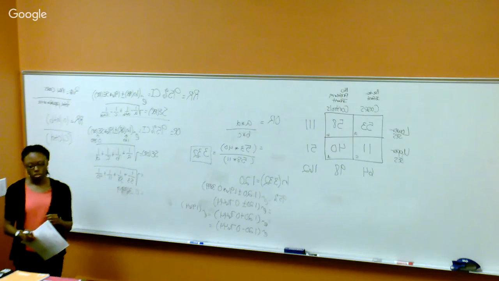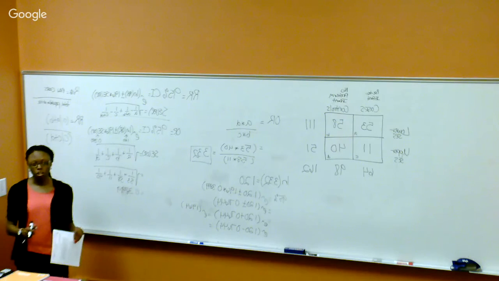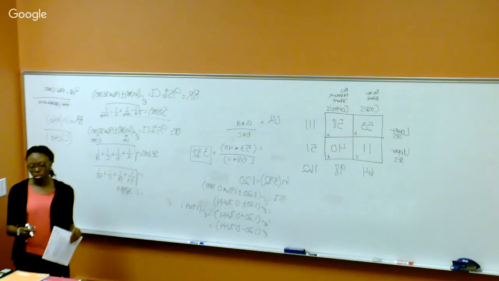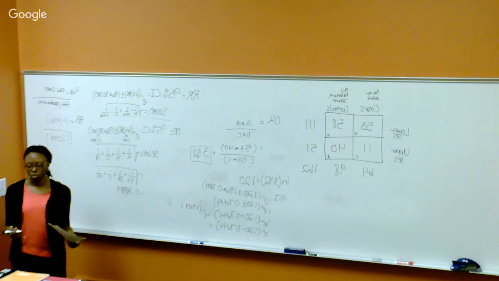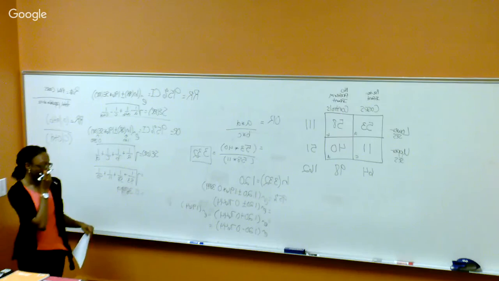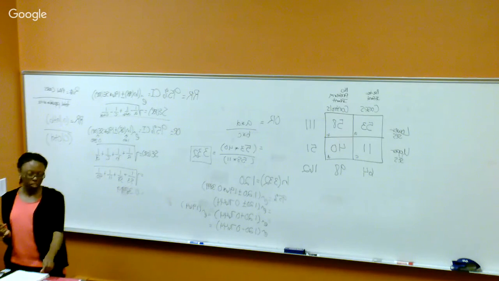So you want to try to either not round it at all as you're going along, which is kind of hard unless you have a calculator that will let you see all the steps that you're doing. But if you can't do it that way, then I would say keep at least 3 or 4 decimal places as you're going along. So, yeah. I would say 4. Just do 4 decimal places.